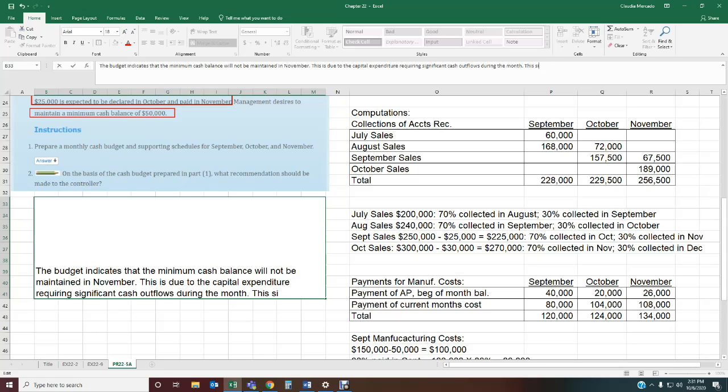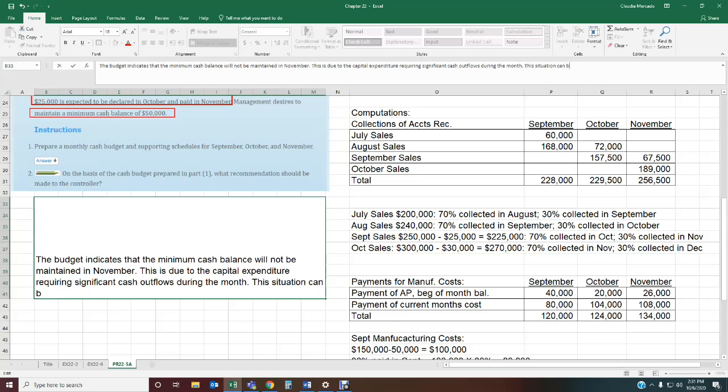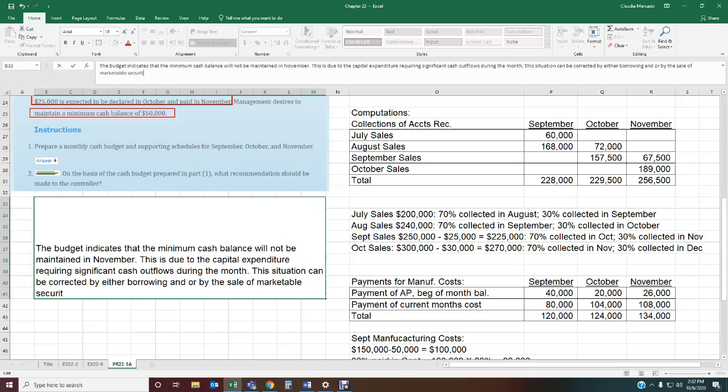This situation can be corrected by either borrowing and/or by the sale of marketable securities if they are held for such purposes.